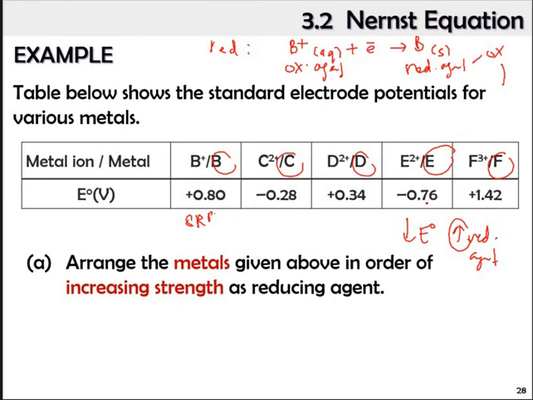Siapa yang paling rendah adalah E. So bermakna E adalah paling kuat. Followed by negative 0.28, C. And then 0.34, so D. And then after that, B. And then the weakest reducing agent is F.